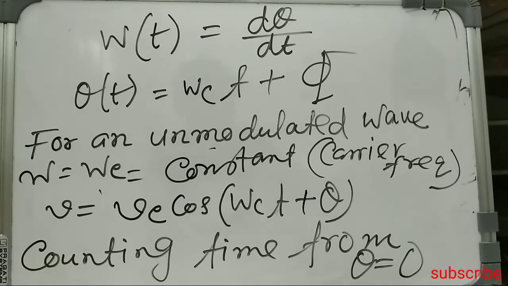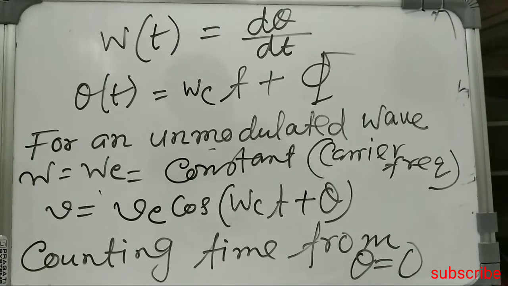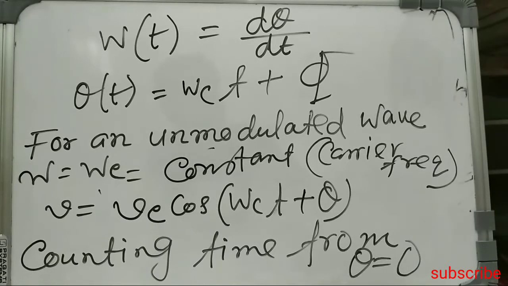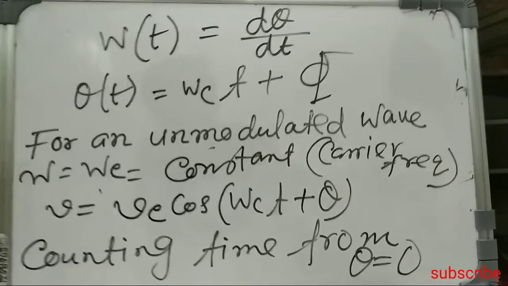For an unmodulated carrier, omega equals omega c, a constant carrier frequency, and v equals Vc cos omega c t plus theta, counting time from theta equal to 0.